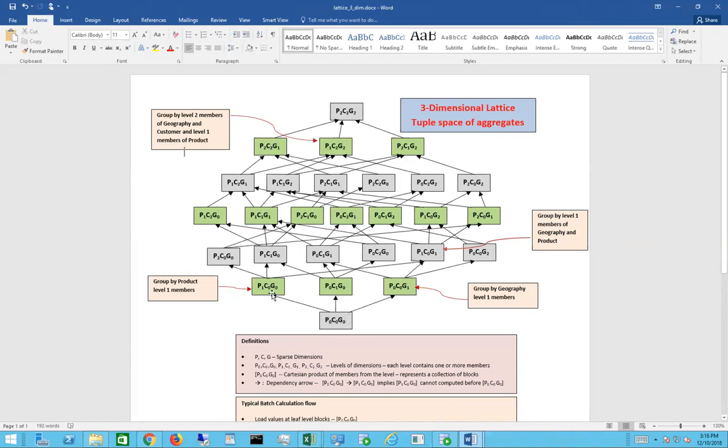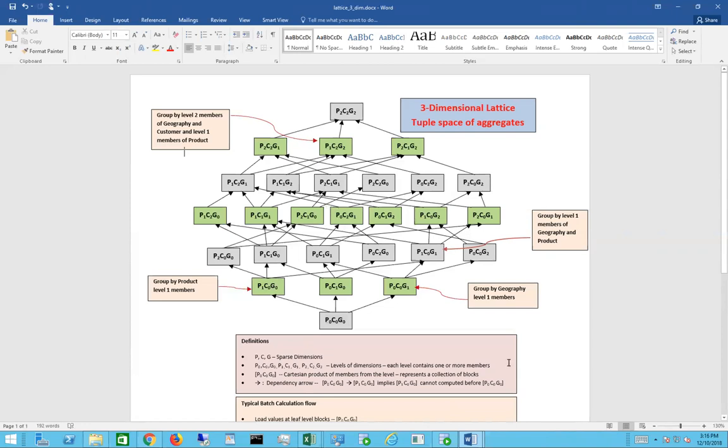This one shows if I just group by or aggregate along the product hierarchy from level 0 to level 1: all the aggregates where we keep customer and geography at level 0 but product at level 1. This one is grouping by geography, and this one groups by product and geography, and so on.